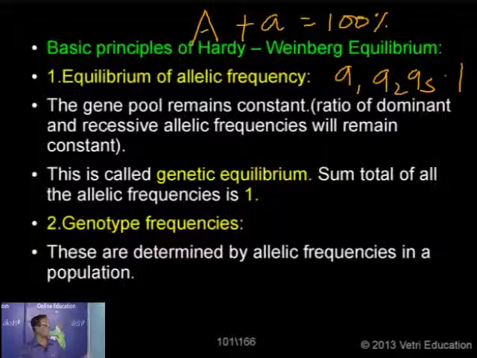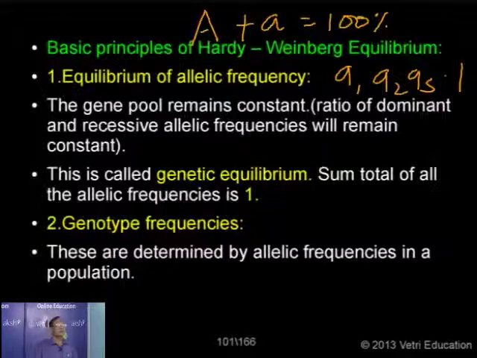So if a particular gene exists in dominant and recessive forms, the ratio between the dominant and recessive allelic frequencies remains constant, 60-40 or 30-70, but always equal to 100%. A plus a is equal to 100%, or A plus A1 plus A2 plus A3 is equal to 100%, or in discrete units, 1.